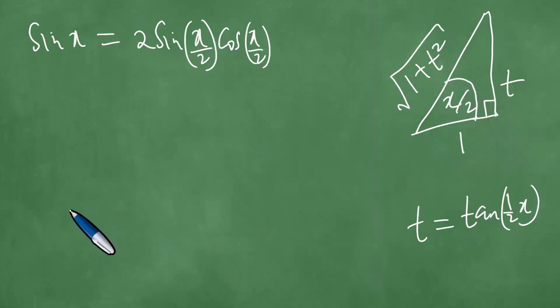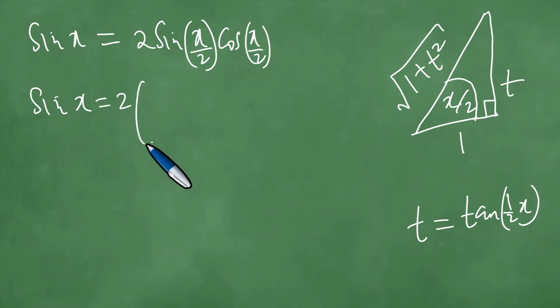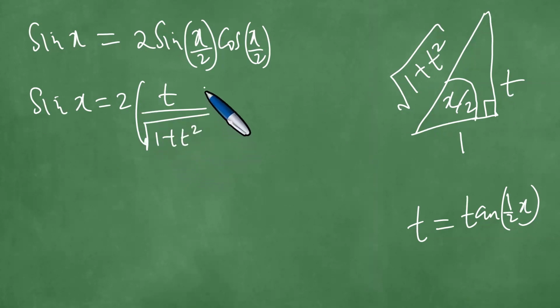Now what is all this and what conclusions can we draw out of this? Well, it means therefore that if we have the sine of x, it is actually then equal to 2 into what is the sine? It is opposite over hypotenuse, t over the square root of 1 plus t squared.